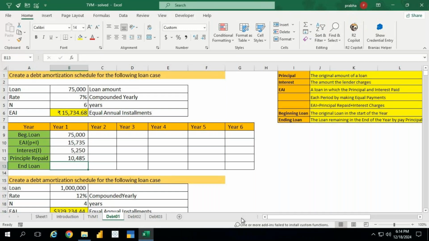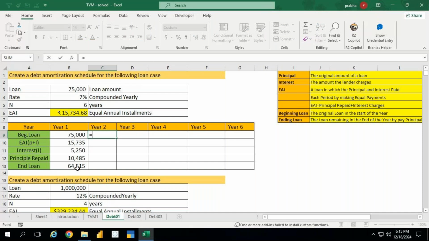Now at the end of the first year, what is the remaining loan? 75,000 minus principal repaid, 10,485. At the end of the first year, the remaining loan amount is 64,512 rupees. This 64,512 rupees will become the beginning loan amount of the second year.